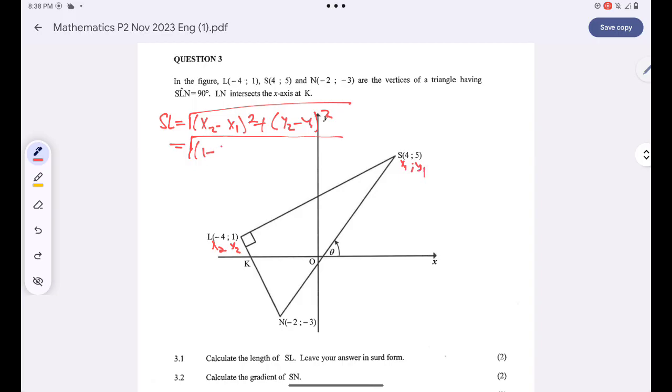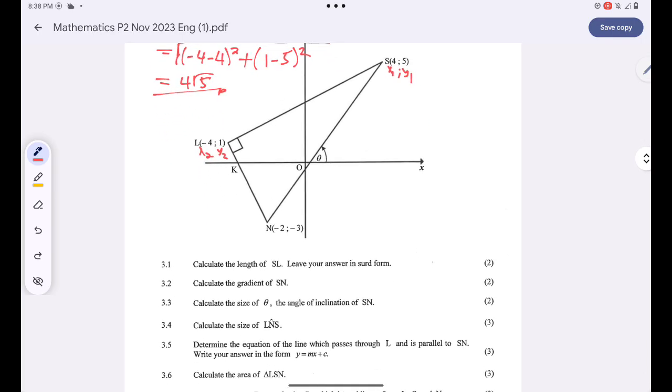So I'll say 1 minus 4, and negative 4 minus 4 all squared, and then we have 1 minus 5 all squared. This will give us 4 root 5. Are you together?